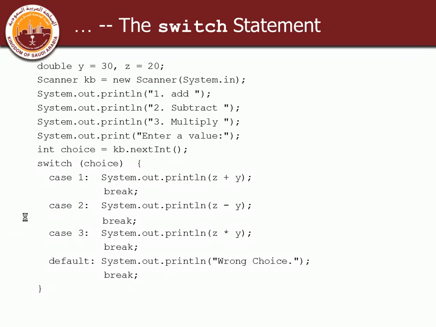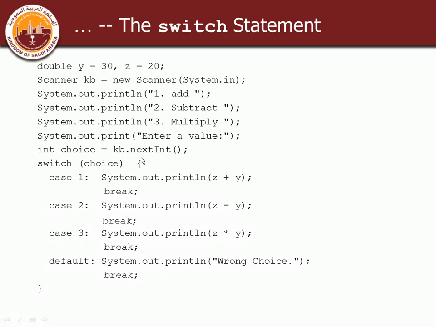Look at this example. I put 30 in Y, 20 in Z, get ready to read something, and then I'm printing 1 to add, 2 subtract, 3 multiply, and then enter value. Now we are waiting for the choice from the user. The user should type either 1, 2, or 3 to tell what he wants to do with those numbers, the 30 and 20.